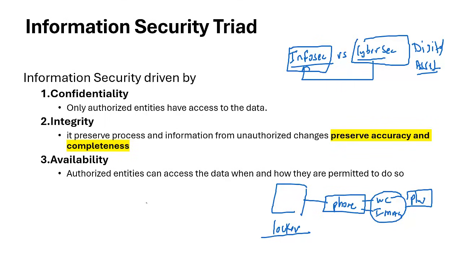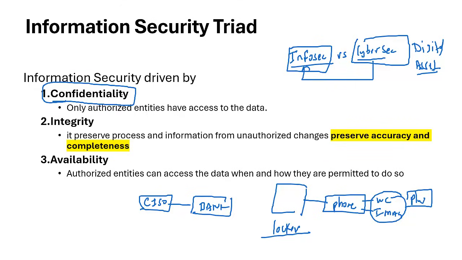Now, when I join as a CISO in any organization, let's say I join a bank. They say, Prab, we want to create value for the business and we are expecting information security to create value for us. Definitely we create value for the business. How? We make sure whatever transactions there are, they are only available to the respective customer.